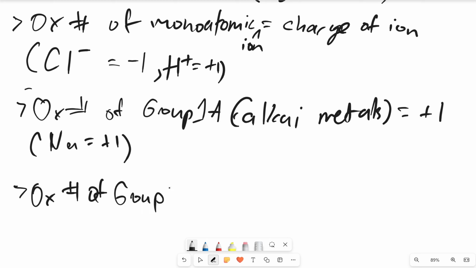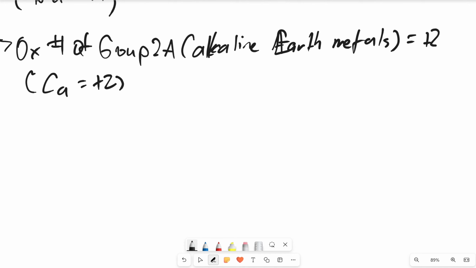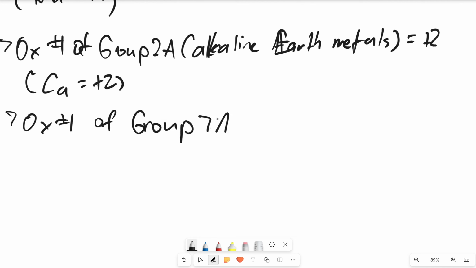Remember, because group 2A and group 1A are almost always lumped together. Group 2A, these are the alkaline earth metals, right? That's always equal to +2, right? So like calcium is +2. Okay. And then these are pretty easy, right? We have another really easy one, the oxidation number of group 7A, right? So these are going to be all of the halogens, right?